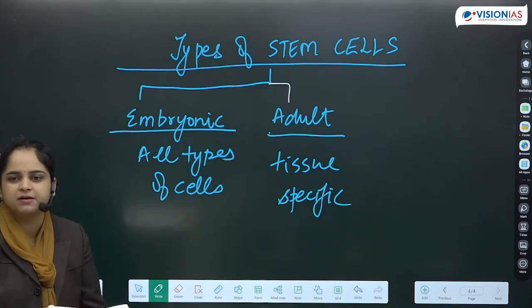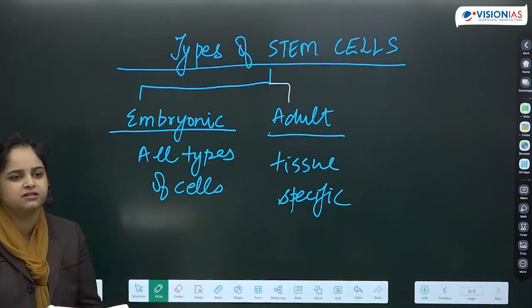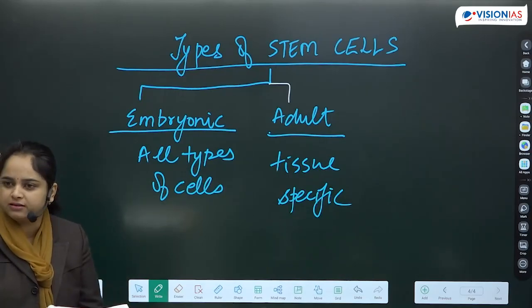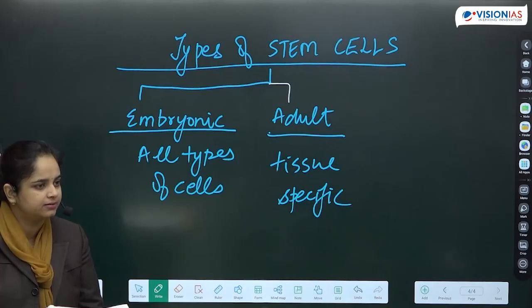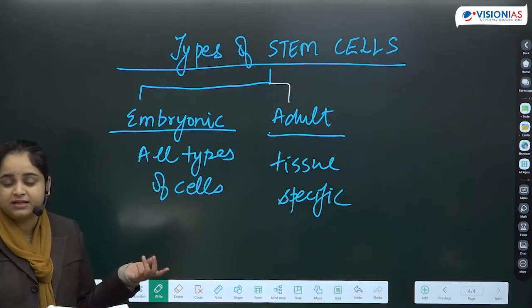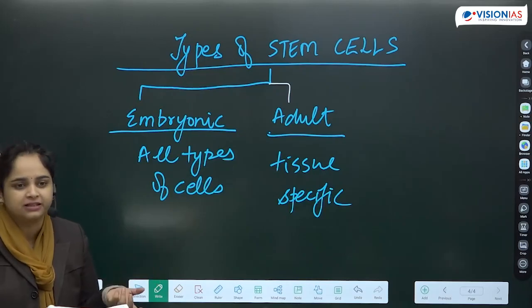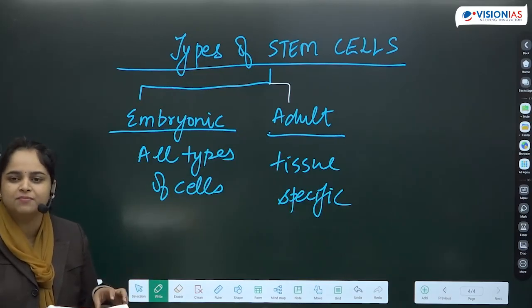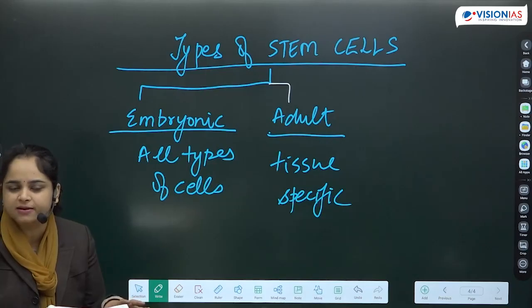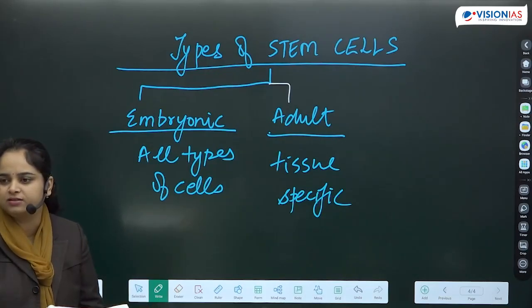They will not make muscle cell or blood cell or anything like that. They will divide and produce the liver cells. If you have stem cells in the brain, they will form new brain cells. That is it, nothing else. If you have stem cells in the bone marrow, if you remember we had spoken about the bone marrow creates or forms blood cells. Okay, so bone marrow में जो stem cells हैं वो सिर्फ blood cells बनाएंगे और कुछ नहीं बनाएंगे. So there is a specificity here when it comes to adult stem cells.